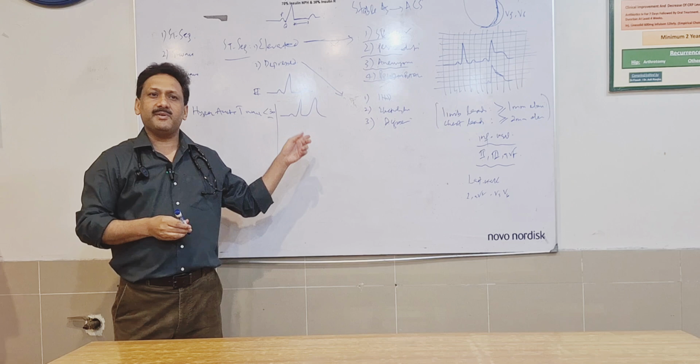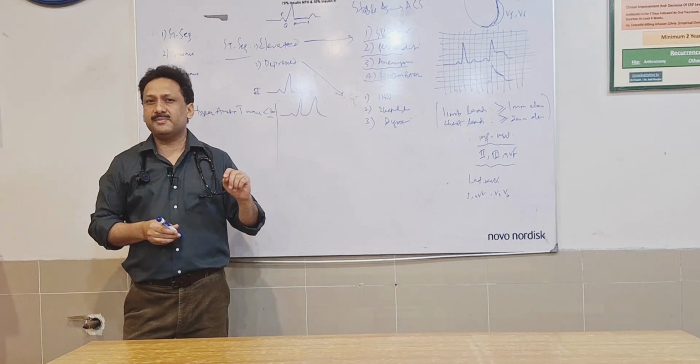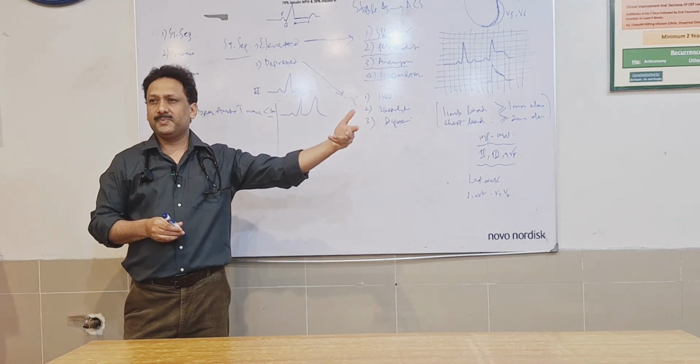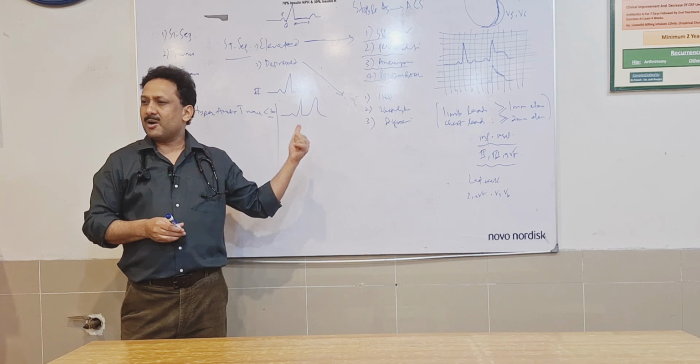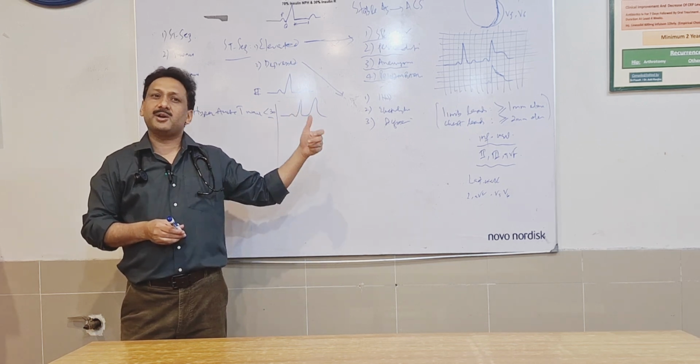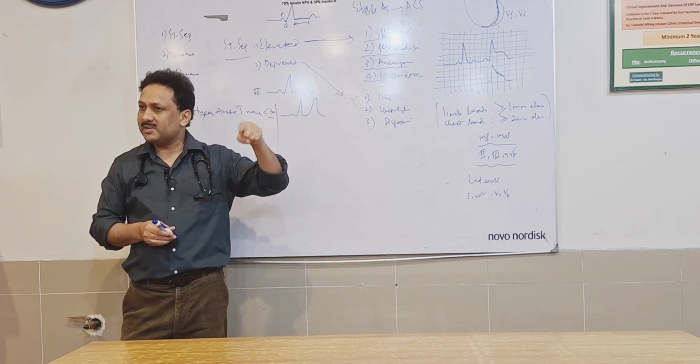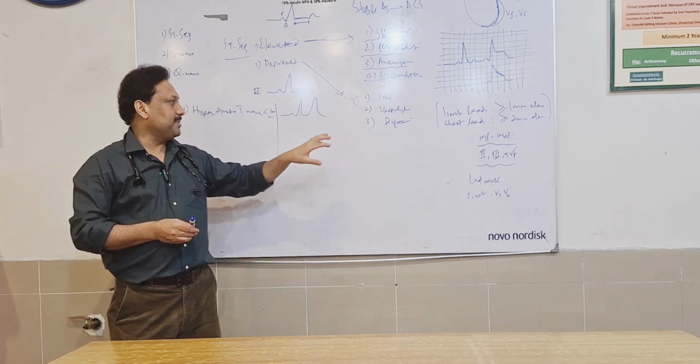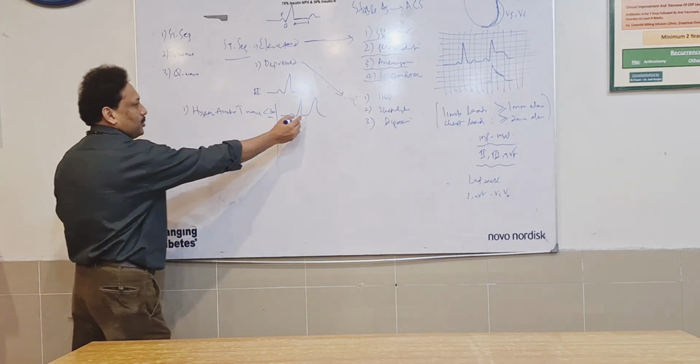If somebody does not have a good understanding of hyperacute T waves, he might miss myocardial infarction at its earliest stage. And if you can catch myocardial infarction at the earliest stage, that is the best thing. So in less than 30 minutes, this is known as hyperacute T waves.